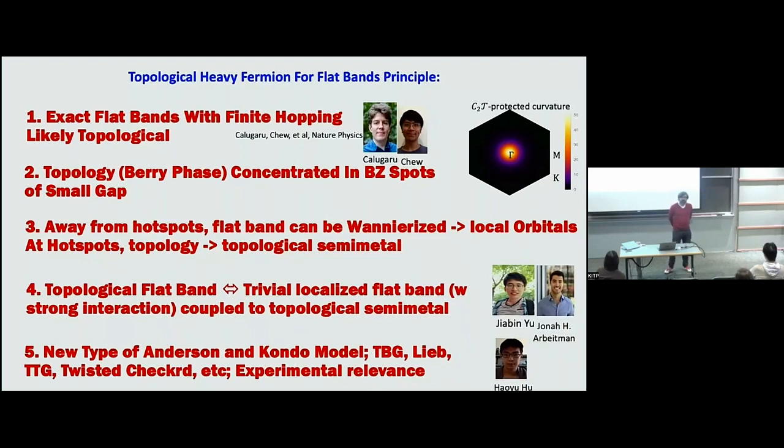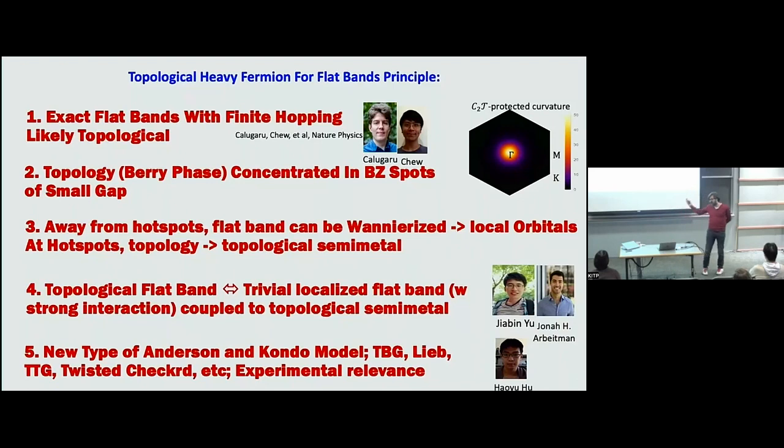But what we want to do, as in all examples of physics, is to find a good basis to describe the physics. And what we claim is that this good basis is that of localized orbitals, which are almost good in the entire Brillouin zone except for these hotspots, and that of metals.